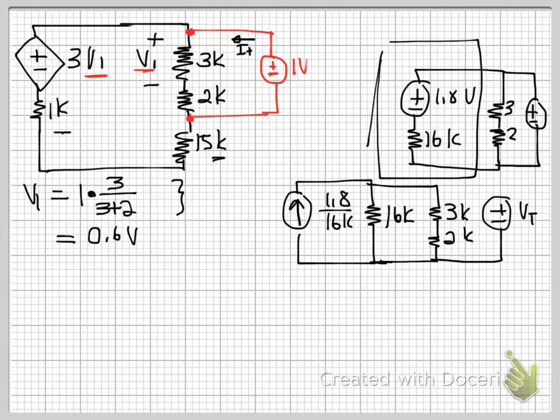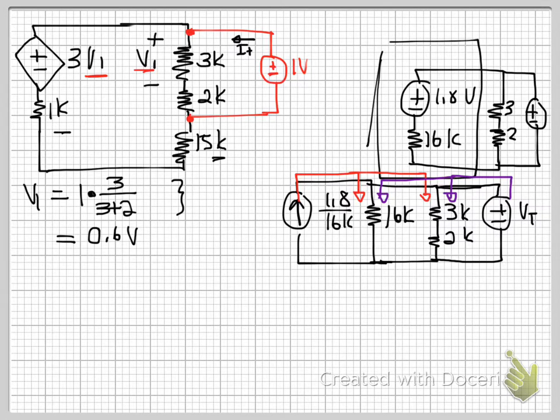That is what is happening, okay? The current formed here splits into here and here, and the same thing happens with VT, it splits into there and there, okay?